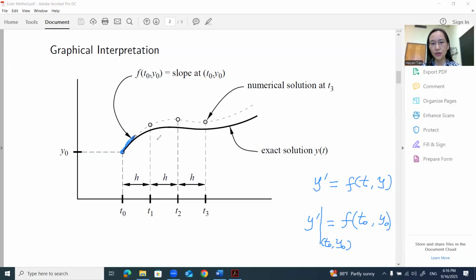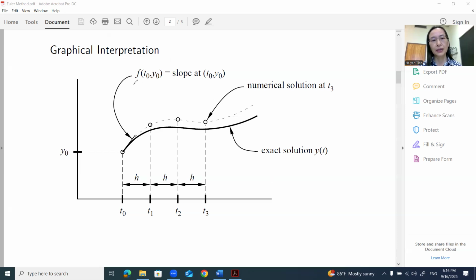The slope of this tangent line to the curve can be determined using the right-hand side function evaluated at t0, y0. Once you know the slope and also a point, you can immediately determine the tangent line. So it's actually a tangent line approximation to the curve at this very specific point, right?